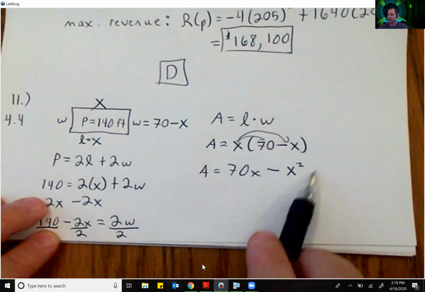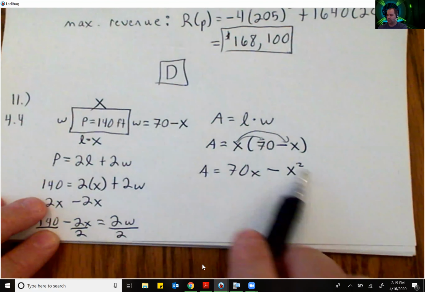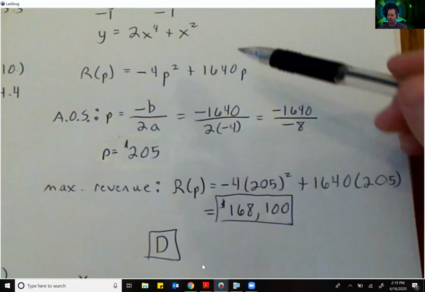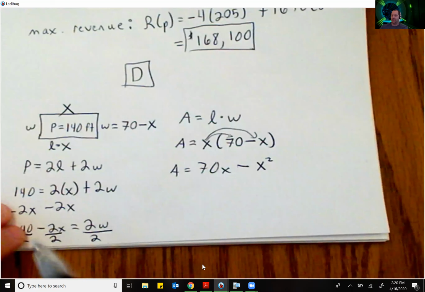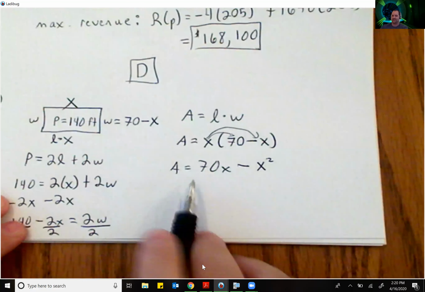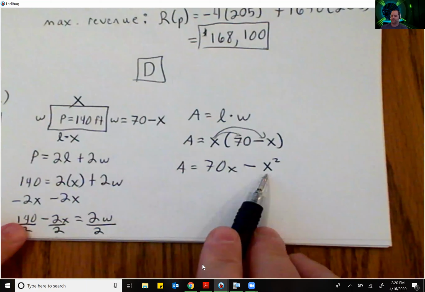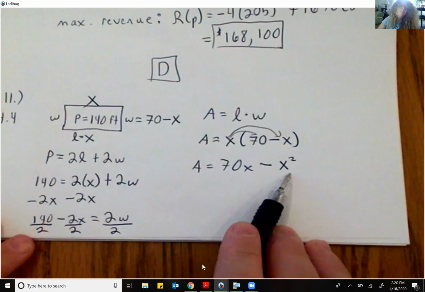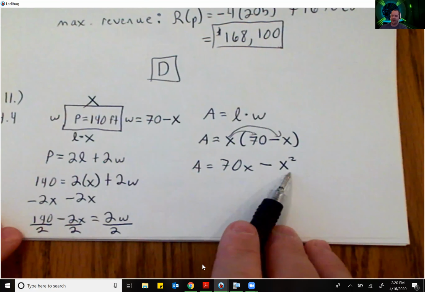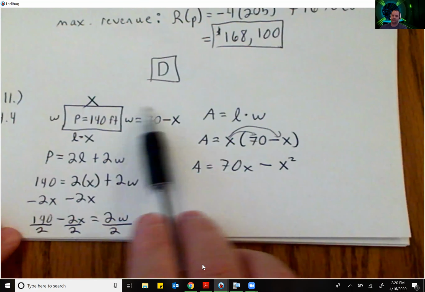All we have to do is run what we just did on number 10. The hard part about number 11 is you've got to generate the equation first. That's the tough part. There's not a lot of information they provide you. You've got to rely a little bit on some of that geometry skills that you know about.